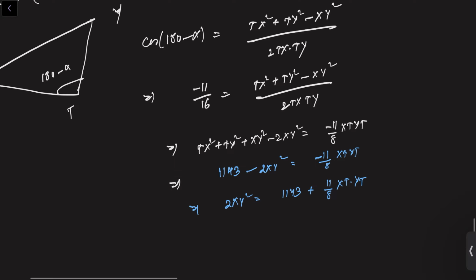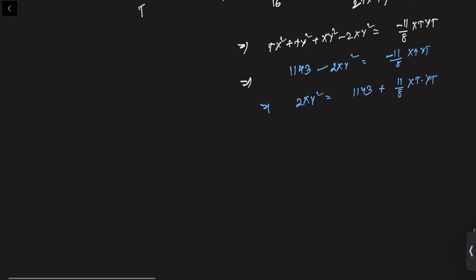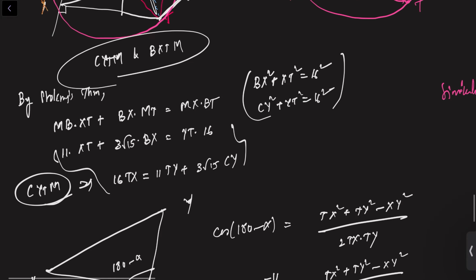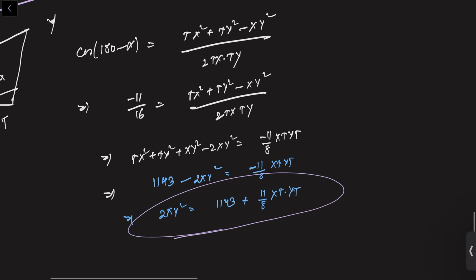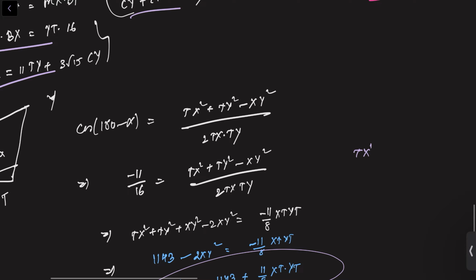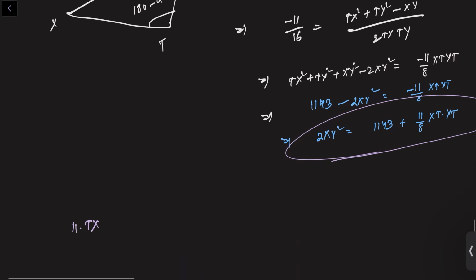Now we have several equations to work with. So if I write all those equations here once again, we have these two equations, and this equation. We have already used this information, so that's why I'm not explicitly writing this equation.